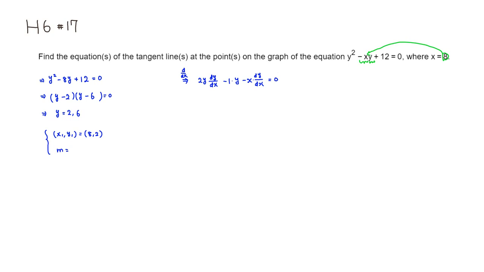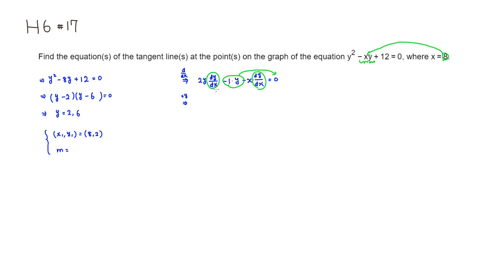The first thing I would do is move this term over to the other side, so we can simply add y. Then I'm going to combine these two together, since you have dy over dx in both terms.